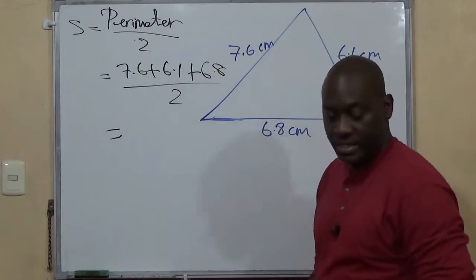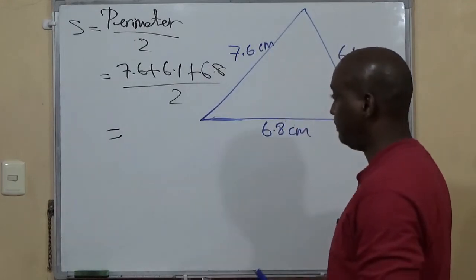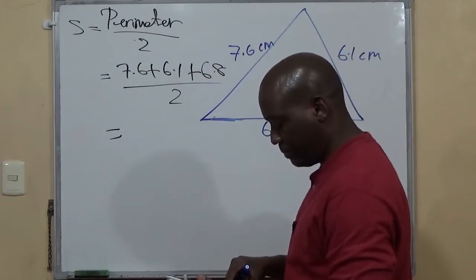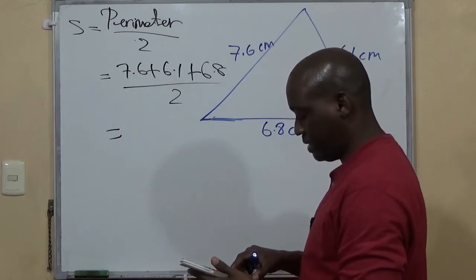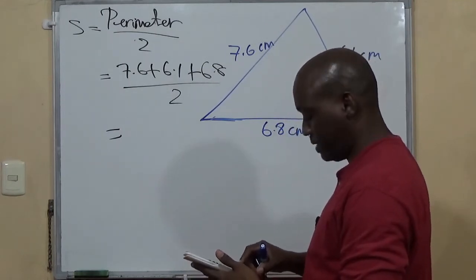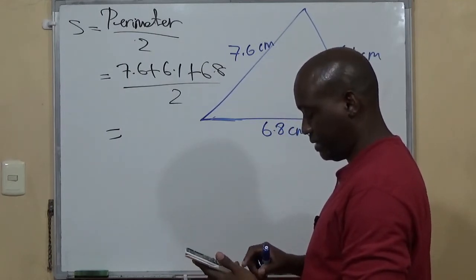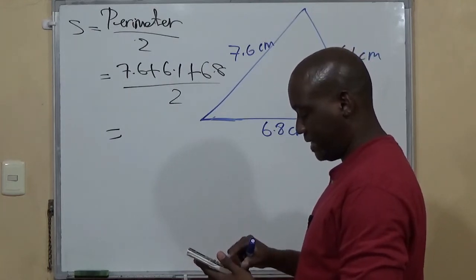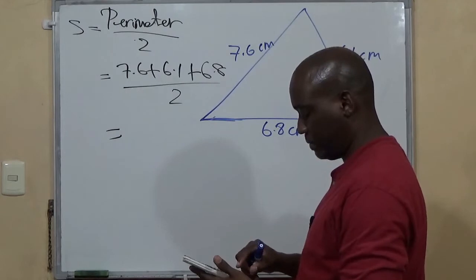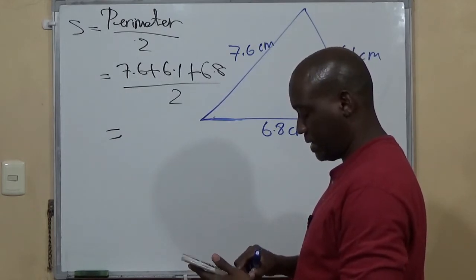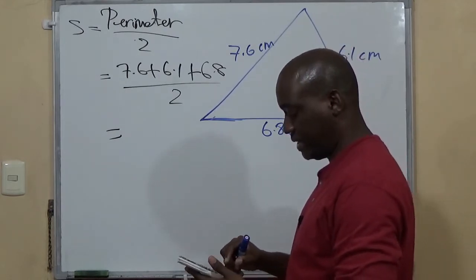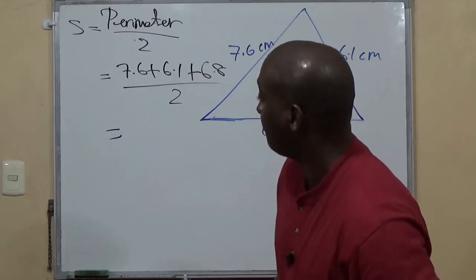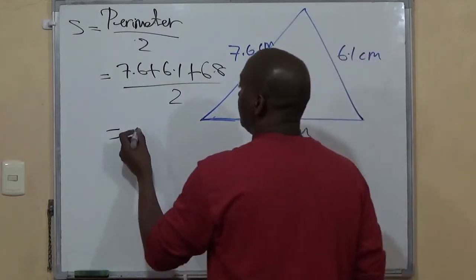Let me do it now: 7.6 plus 6.1 plus 6.8 equals, and then I divide that by 2, and that is 41 over 4, 10.25.